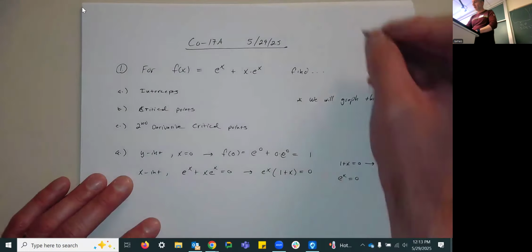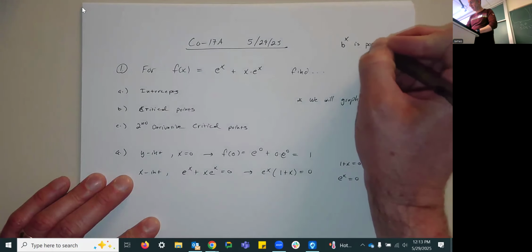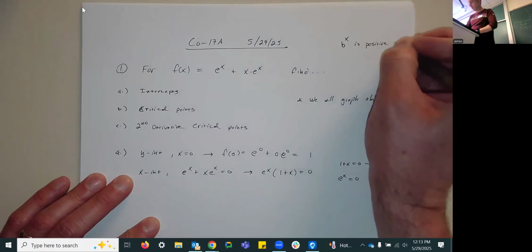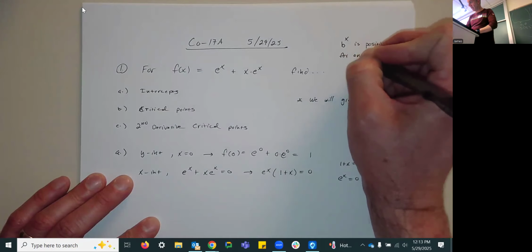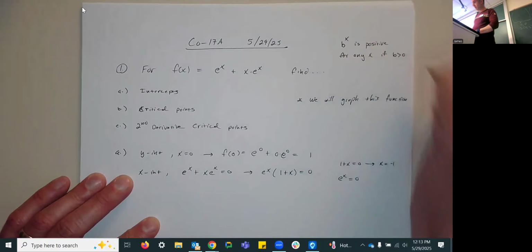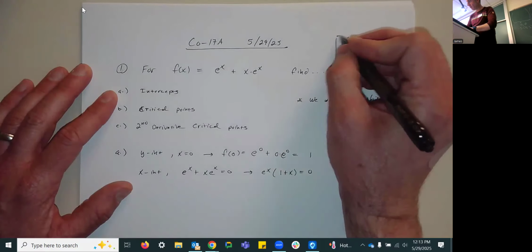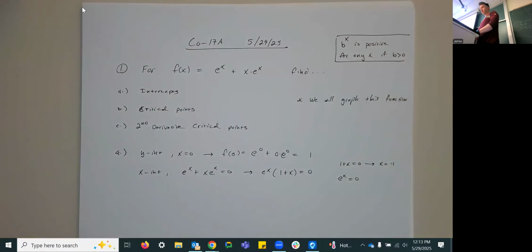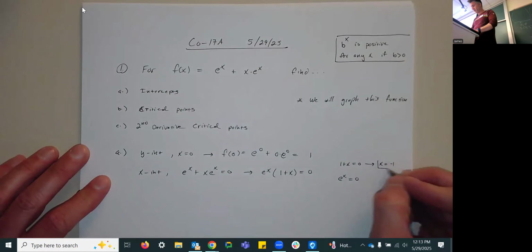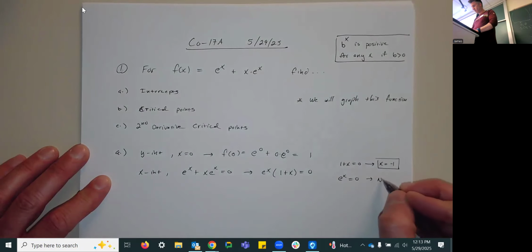So b to the x is positive for any x if b is already positive. Comes up relatively often, actually. All right, so our only x-intercept is x equal to -1. This part here has no solution.